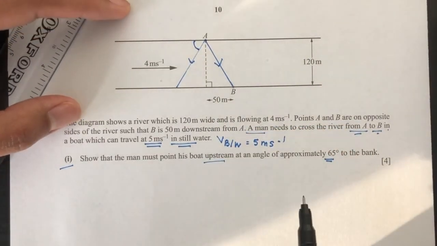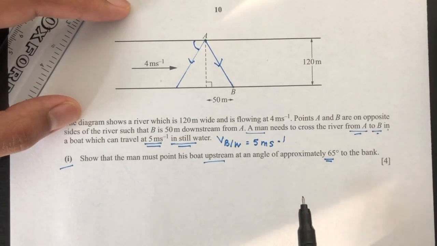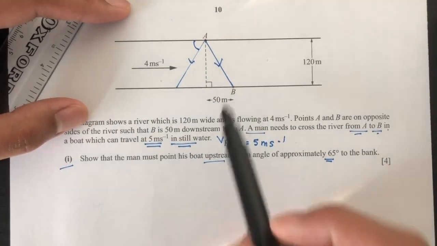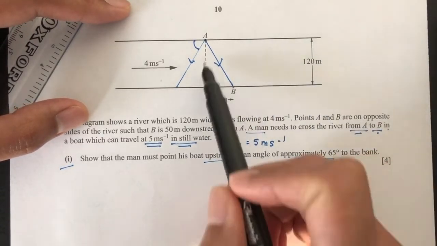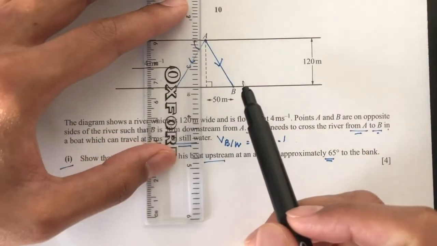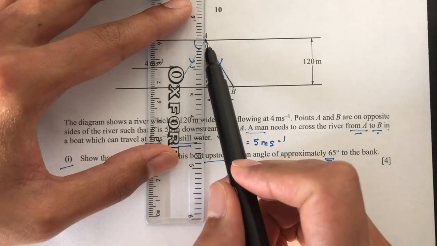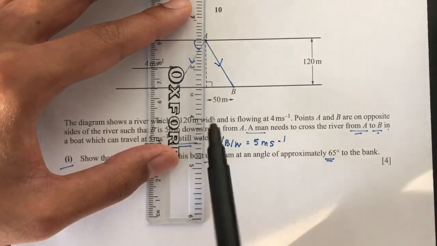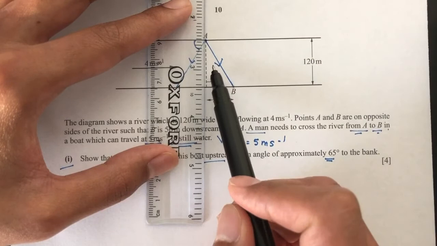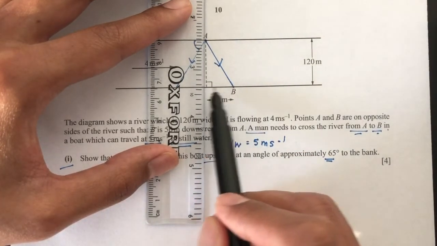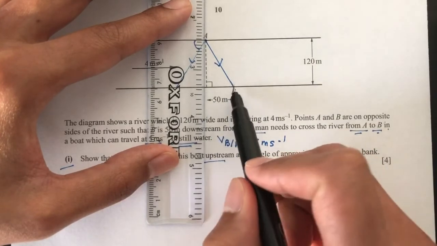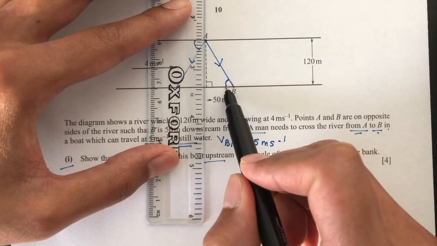So how do you prove this? So let's see what can we have. So here we have 50 meters, and here we know the height is 120. So if you observe here, we have this A, this, and B. This is a right angle triangle with height of 120 and adjacent side of 50. So let's first find this angle here.